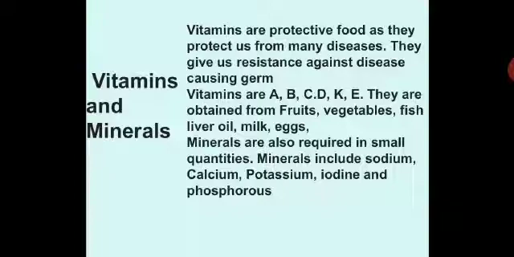Minerals include sodium, calcium, potassium, iodine and phosphorus. So here you are going to learn the different components of food, the sources from where you get them, from plants, animals and all, and you are going to learn their role in our body. So all these will be covered in this table.